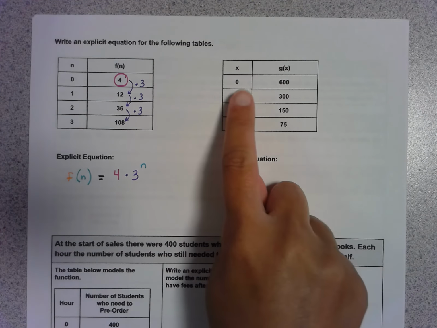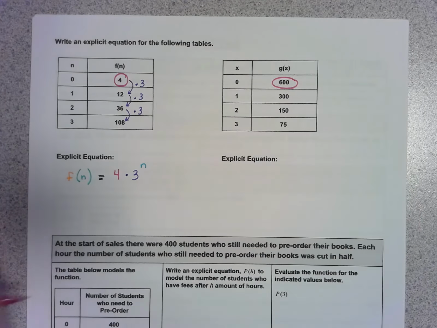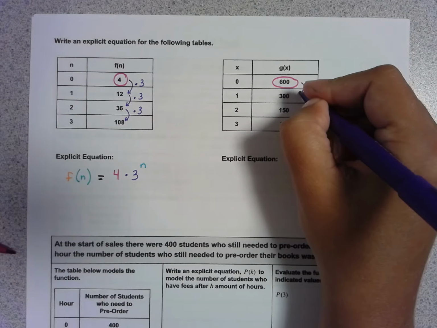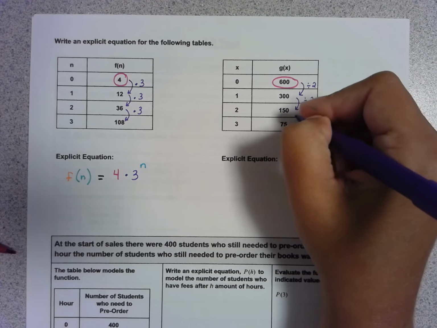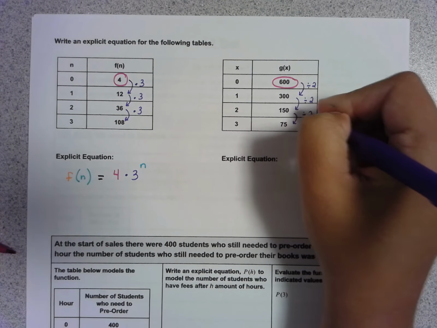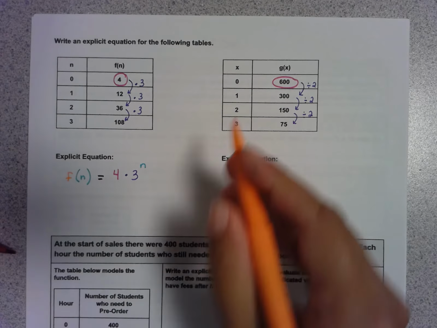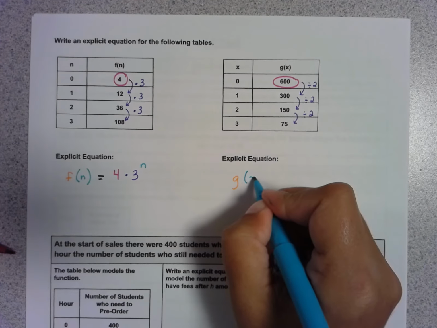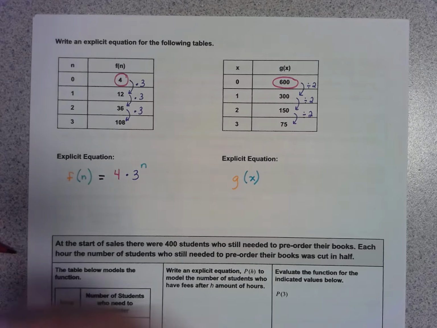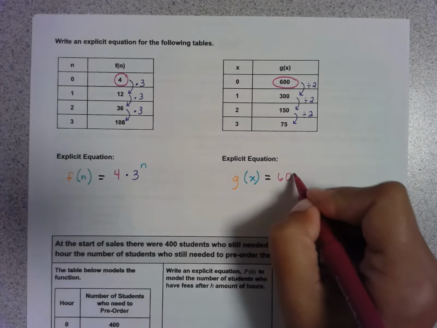For the next table, we've got a starting value of 600. Our pattern is we are dividing by 2. And it looks like our input variable is x, our output is g. So we would have g, our output variable, of x, our input variable, is equal to, start with 600.